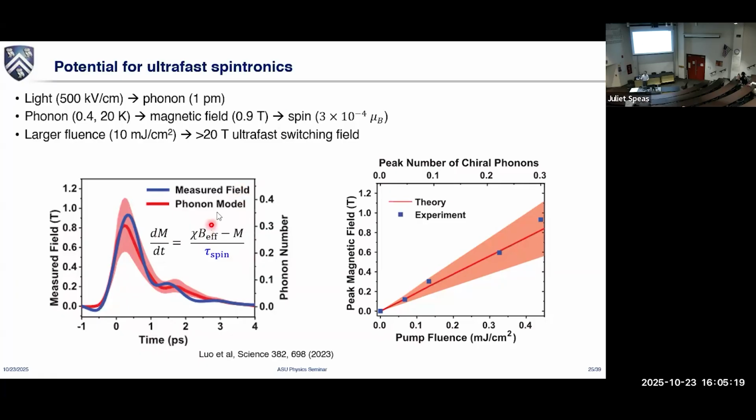And then here's the result. We know that the phonon doesn't live very long. If we inject light into the material, the phonon lives about one picosecond, or maybe even less. And they generated a field profile extracted from experiment, similar to what we expect in theory.